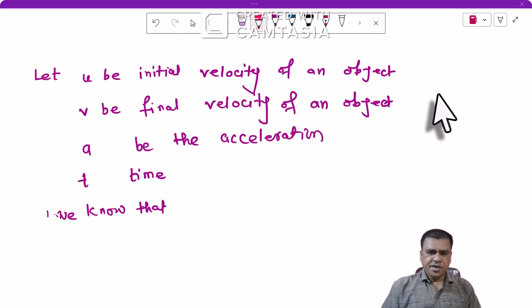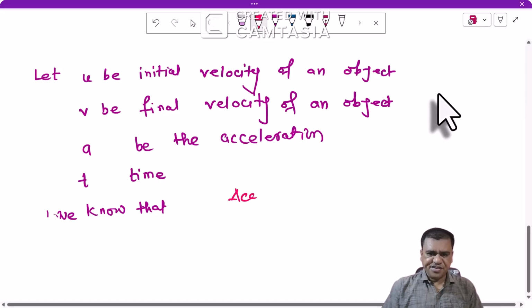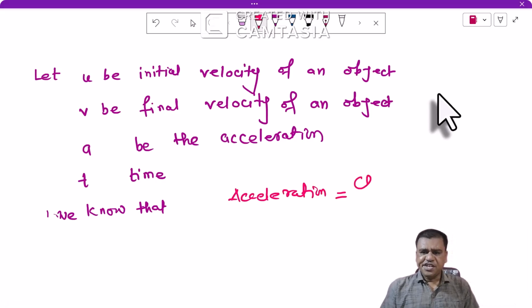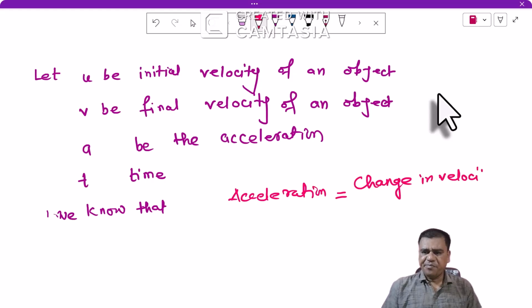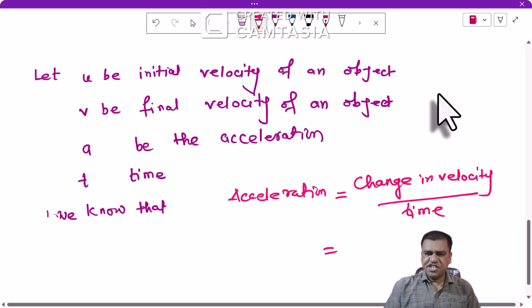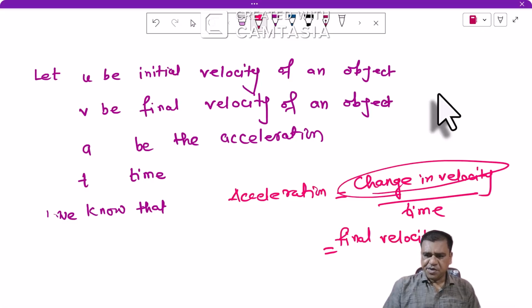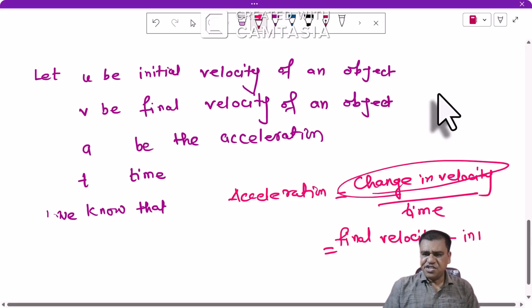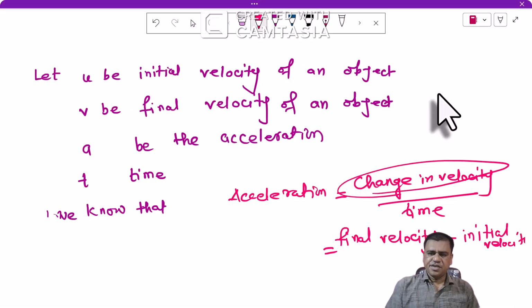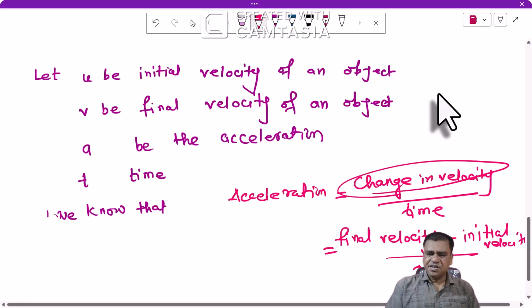We know that acceleration is equals to change in velocity divided by time. Now this change in velocity can be written as final velocity minus initial velocity, divided by time.